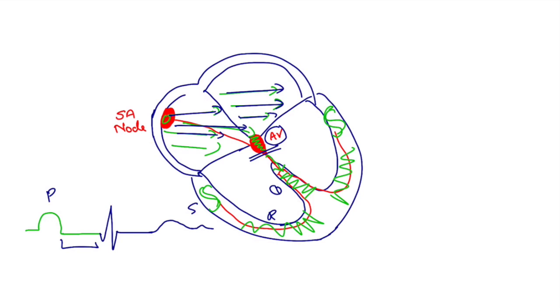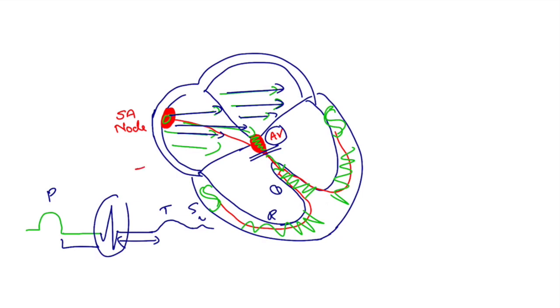Those electrical impulses move faster through these highways. That's why we have a QRS complex which is very quick. After that, we have a brief period of nil electrical activity, then the repolarization of the ventricles, and then the U waves.